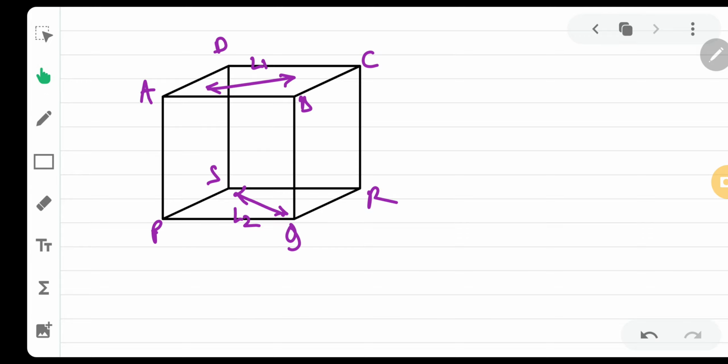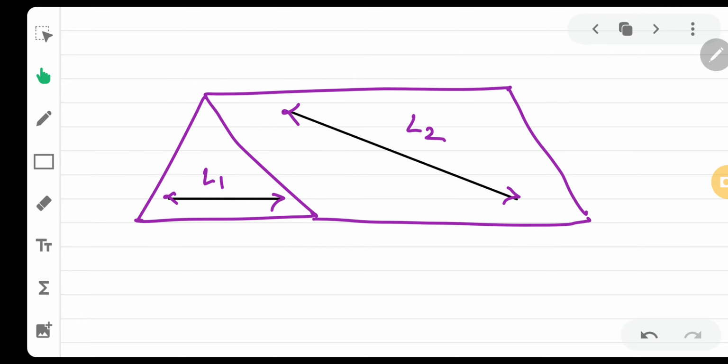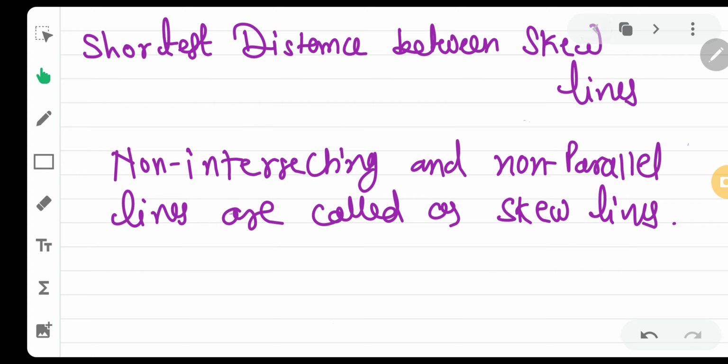Now imagine that these two lines are totally not parallel to each other. See, the directions are opposite and these two lines are totally not intersecting each other. So these two lines are called skew lines. You can see that these two lines are in different planes altogether. So non-intersecting and non-parallel lines are called skew lines.